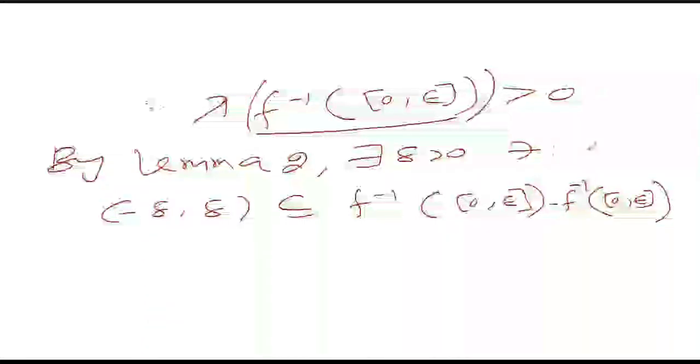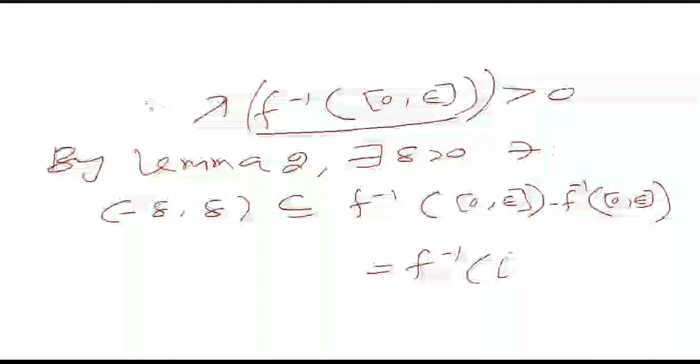And what it precisely gives: you can see this one is equal to f inverse of minus epsilon to plus epsilon. You can easily verify it, it's not too hard.